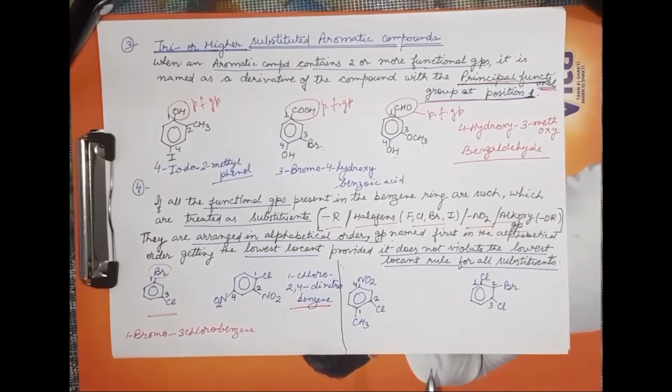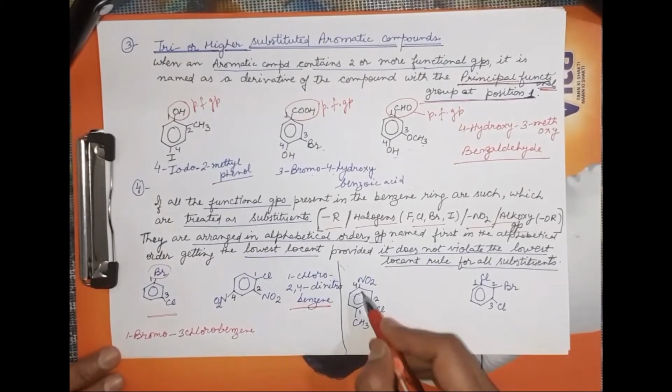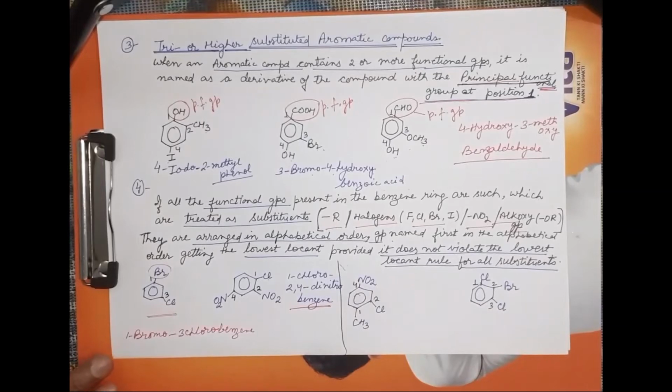CH3 group. So this is the methyl group, this is chloro group and nitro group. According to the alphabetical order, first we should give the chloro group number 1.